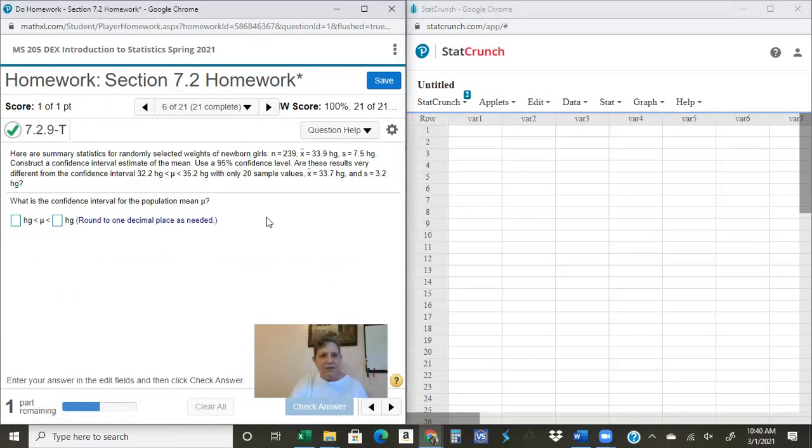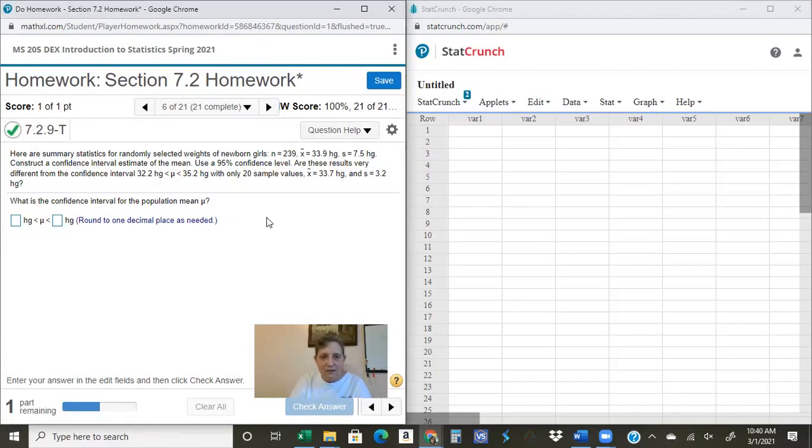Let's change this one up. Here's summary stats for randomly selected weights of newborn girls. N is 239. X bar is 33.9. S sampled 7.5. Construct a confidence interval estimate of the mean.